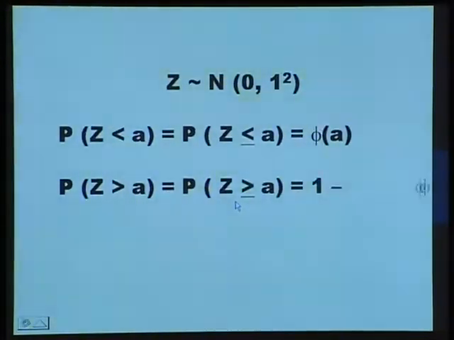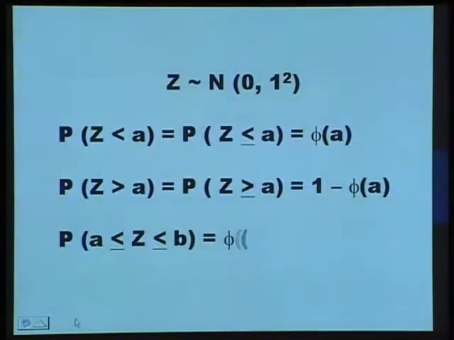Probability Z greater than a, which is equal to Z greater than or equal to a, is 1 minus phi(a). Probability that Z will lie between a and b is given by phi(b) minus phi(a).